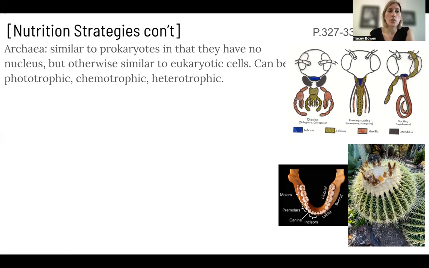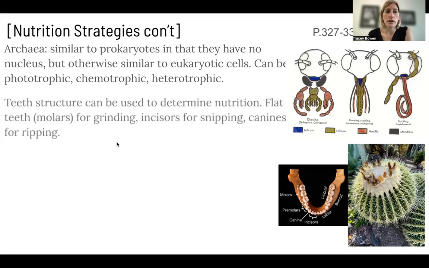So they're eating things, or they're making food products from sunlight, or they're making food products from, and when I say food products, I mean energy sources, chemosynthesis, which is using chemicals instead of light to produce organic materials for that organism. In the case of phototrophic, it means they're using sunlight to make glucose, which is an organic material for that organism.